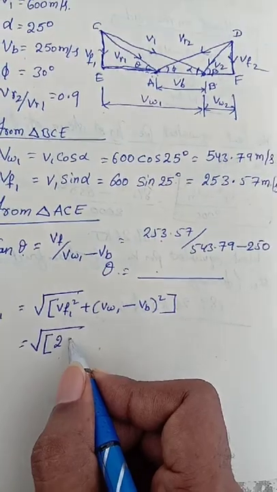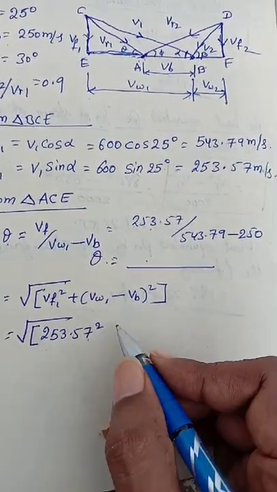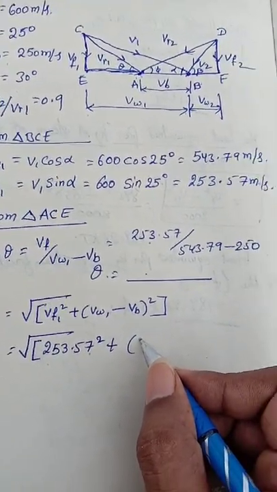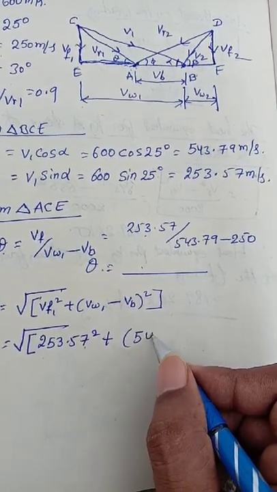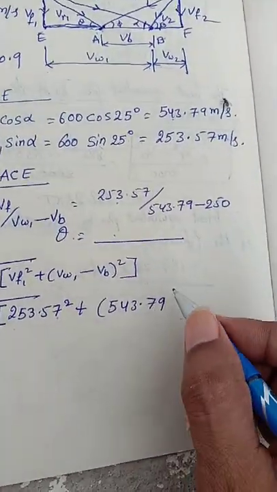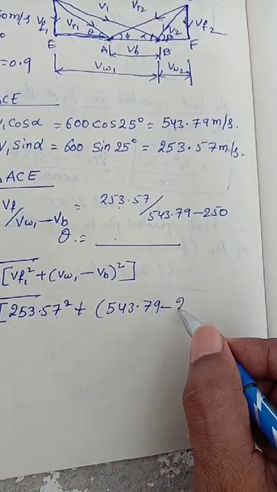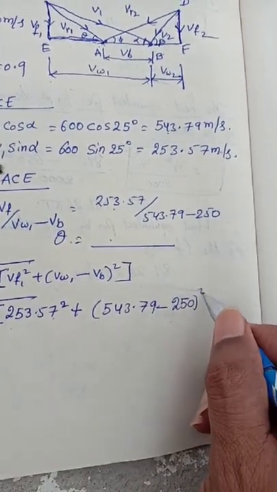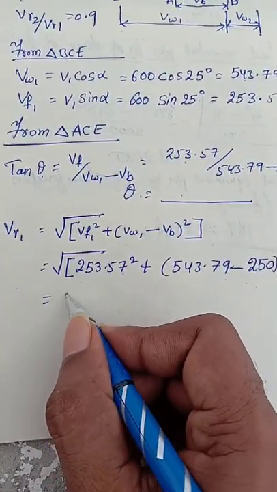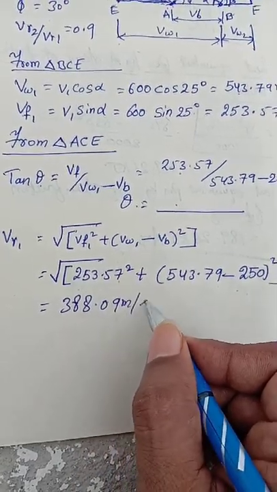VF1 is already found, 253.57 whole square. VW1 is 543.79, minus VB given 250, whole square. Then solve this one, you'll get approximately this value.